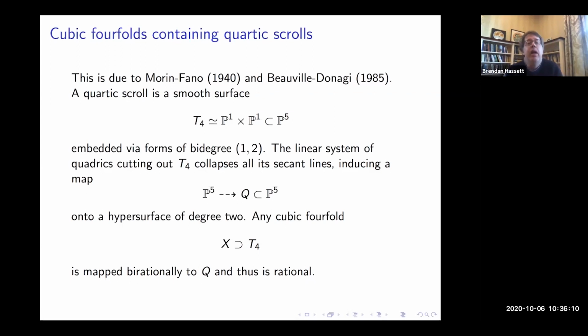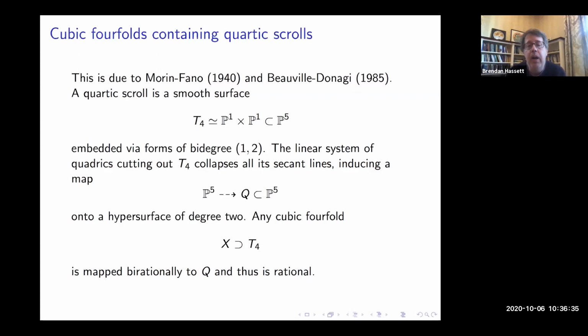In any event, you look at a quartic scroll, which is just a copy of P1 cross P1 embedded in P5. And it's embedded via forms of bidegree 1, 2. So you get a quartic surface in projective 5 space. And so note that the linear system of quadrics cutting out the scroll collapses all the secant lines.